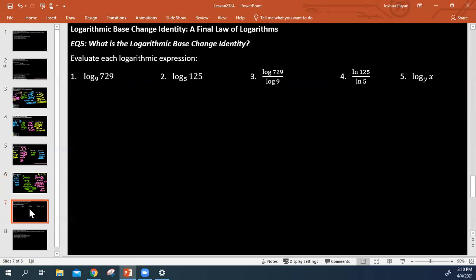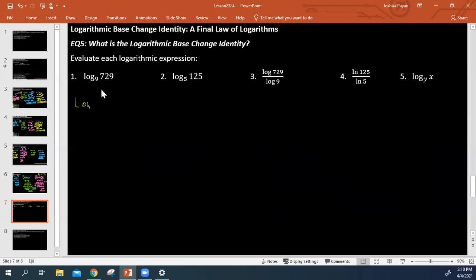And now what we're going to be asked to do is to find a final law of logarithms, namely the base change identity. So we'll go ahead and look at that right now. So log base 9 of 729. 9 to what power gives us 729? Well, the answer there is going to be 9 to the third power.